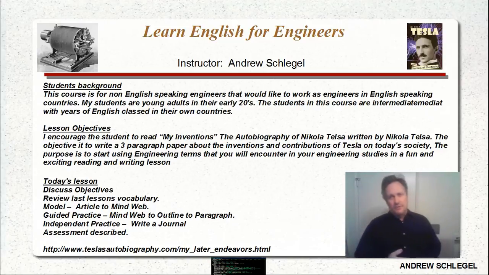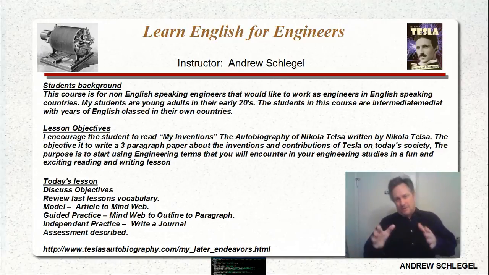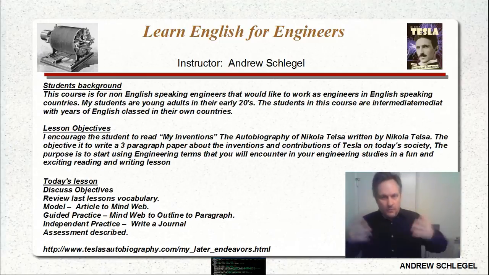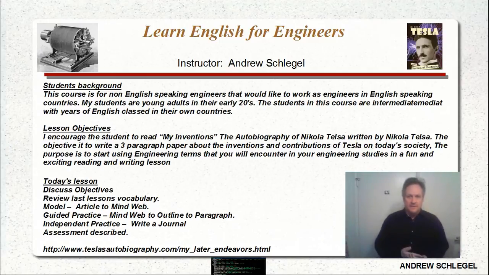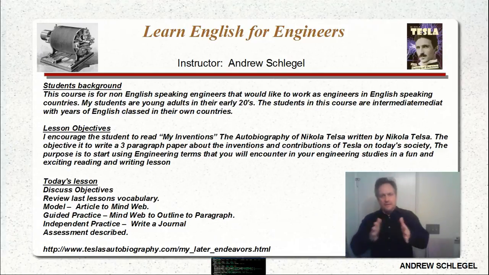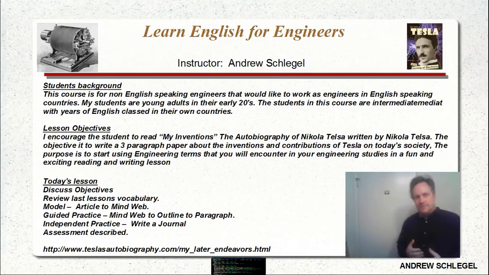So this is the process you're going to be doing with whatever topic you choose out of the book. If you choose, for example, AC motors or radio, whatever it is Tesla contributed to that you want to discuss and how that impacted civilization today, then you just follow this similar procedure.